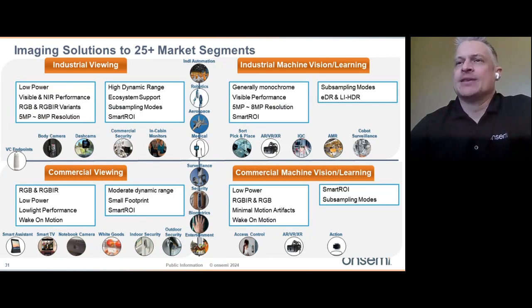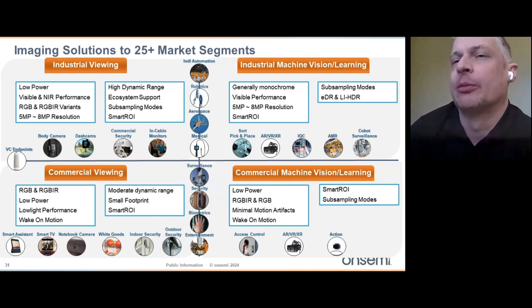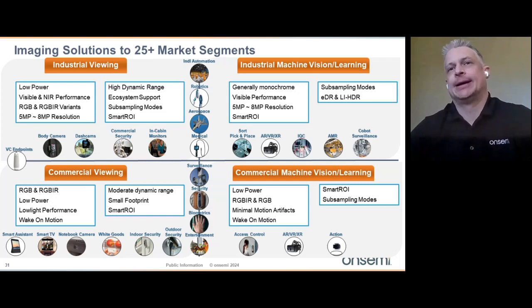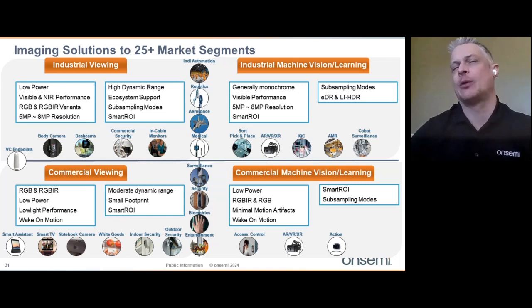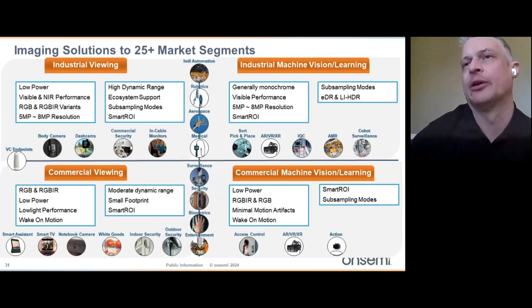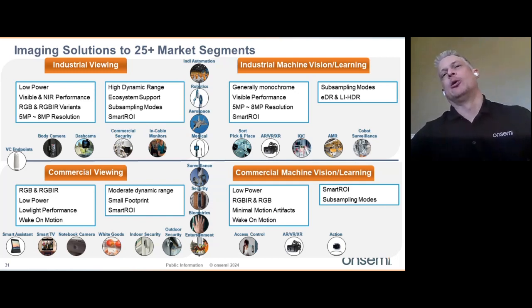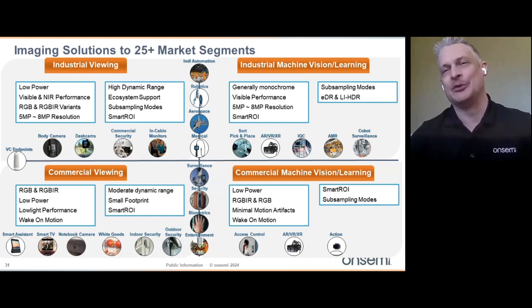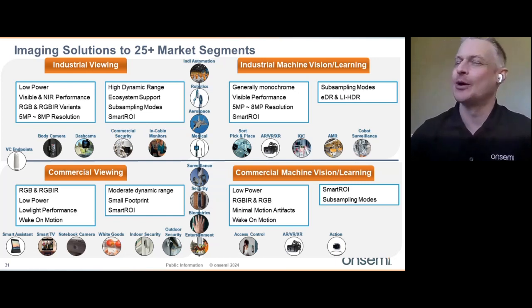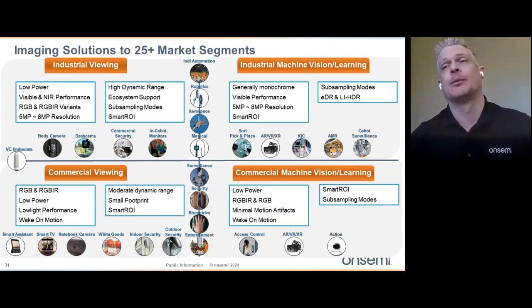And so I'll leave everybody with this slide that will come, of course, with the presentation. We kind of categorize industrial and commercial viewing into quadrants, and we have design wins with the leaders in 25 different areas. I would say that the term IoT that people used to use, let's say 10 years ago, wasn't really well defined, and has now actually become quite defined.